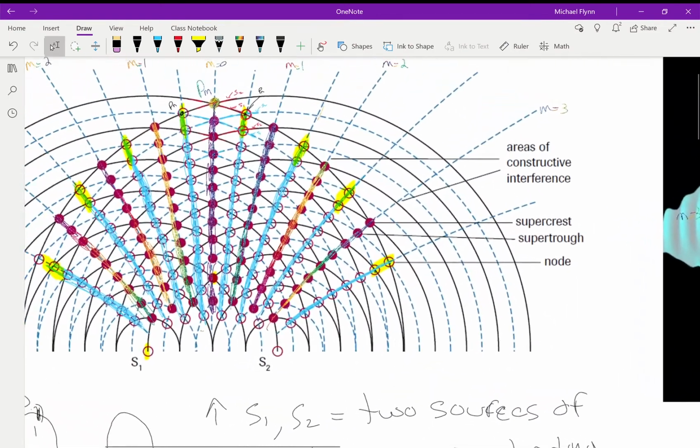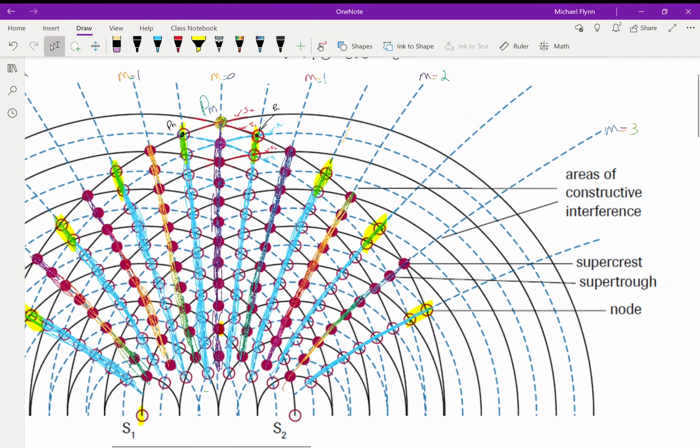Now watch. What about at m equals 1? What if I pick a point on this node at m equals 1, and I go up there like this, and up there like that? Well, now, clearly, P1S1, it's on the first node.